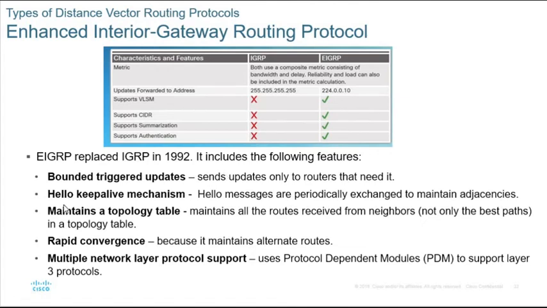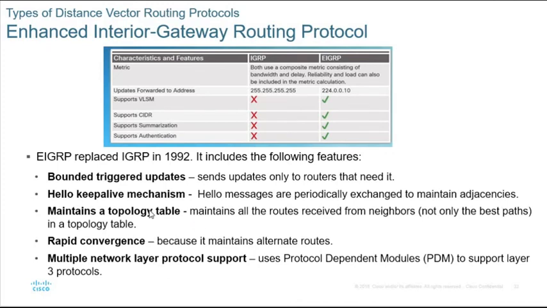So in terms of its features, this is how EIGRP sends updates. It's actually different from RIP, because it has these terms that it uses in order to send the different routing information updates.